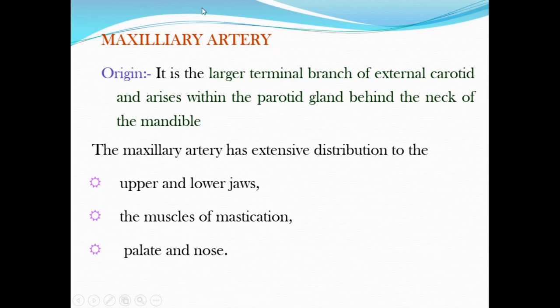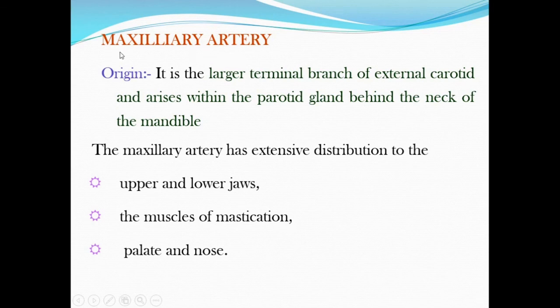Otherwise, the maxillary artery is called the inner facial artery, and the facial artery is called the outer facial. Think of the outer part of the face as supplied by the facial artery, and the inner part, the orbit, nasal cavity and palate, as supplied by the maxillary artery. So it is called the inner facial artery.